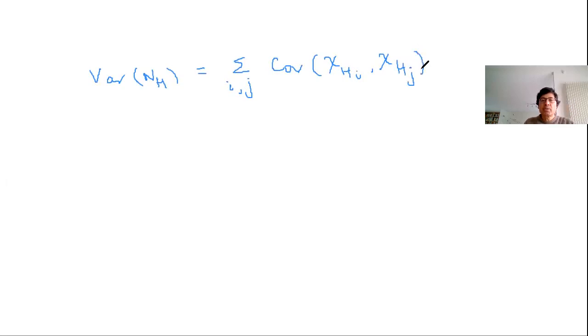And we saw that the value of this covariance depends on what the intersection of these two graphs, HI and HJ, is. The more edges these have in common, the bigger the covariance, and if they have no edges in common, it's 0. So what we are going to do, we have to do this sum over all possible copies HI and HJ, but we are going to group together terms in the sum.